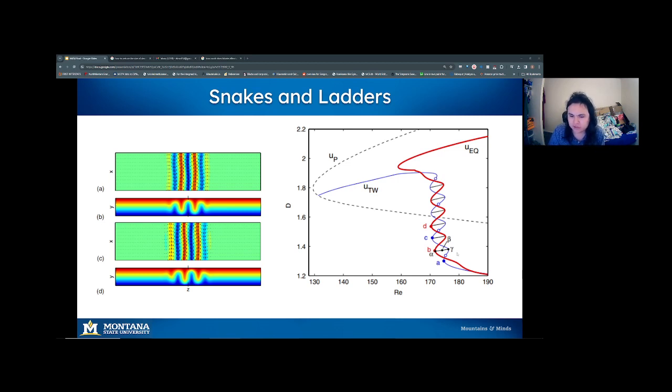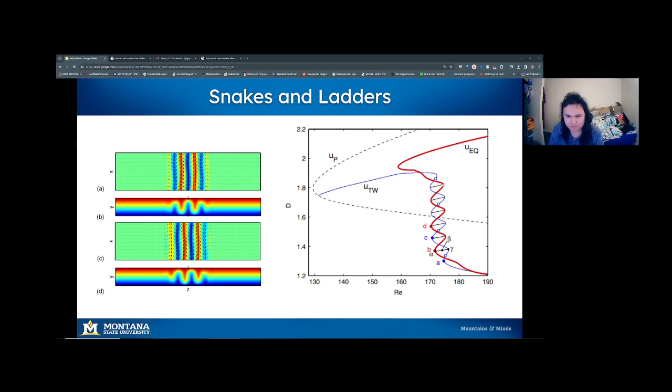Because it's so well understood, if more definitive connections could be made between this domain and the behavior of the Swift-Hohenberg equation, that would be a massive insight into fluids in general, especially with turbulence. The reason it's called snakes and ladders is because it snakes down over here, and also there's a ladder.